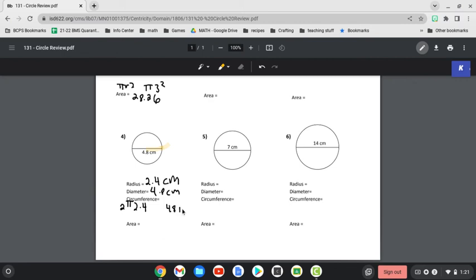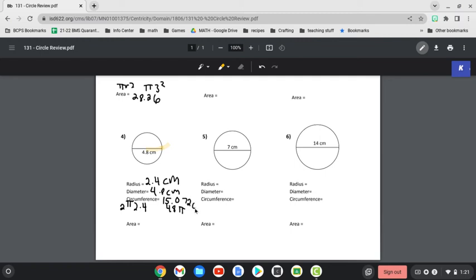And we punch that into the calculator. Remember, we use 3.14 for pi, and we get 15.072. And that is, of course, measured in centimeters.